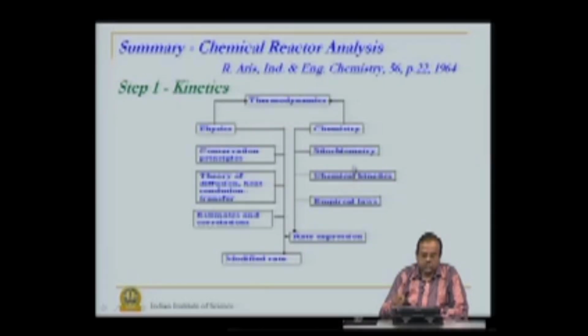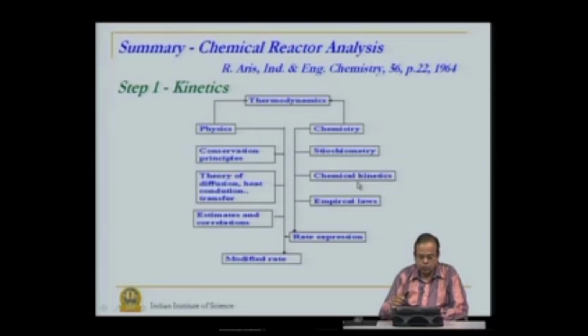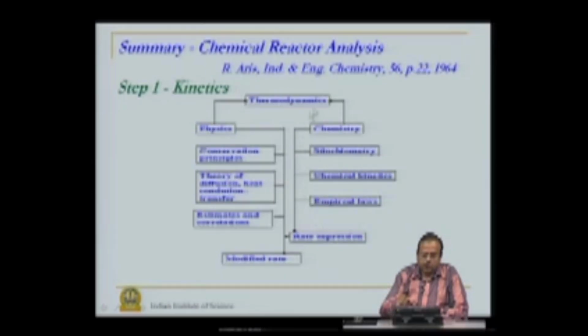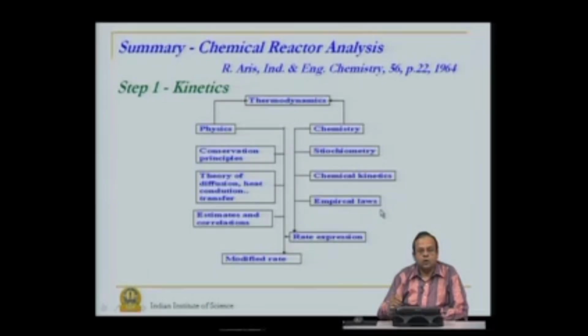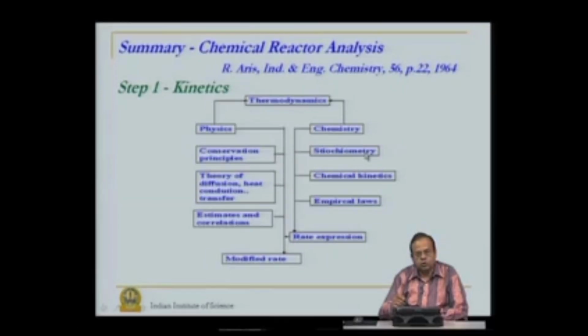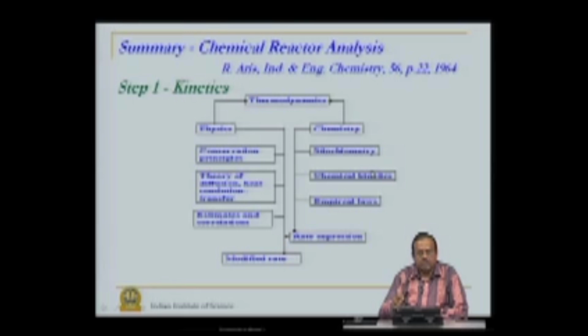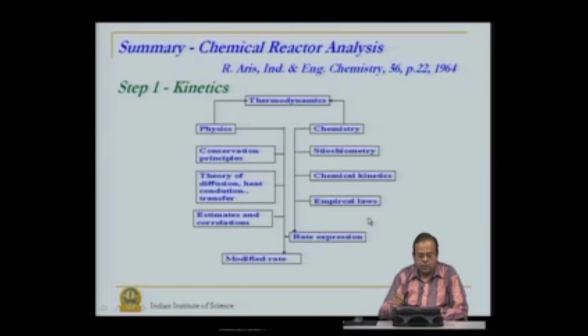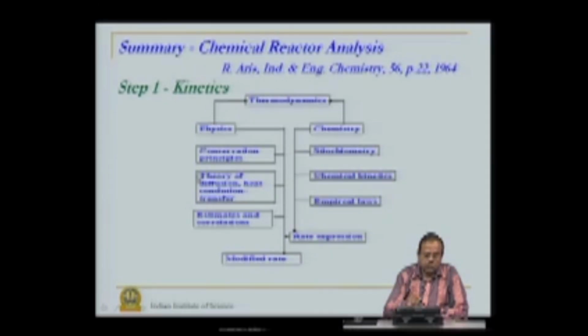Now, I want to emphasize one aspect which is crucial. This part of the reaction, namely the chemical part, the stoichiometry, is not dependent on scale. That is, the stoichiometry of the reaction does not change whether you do the reaction in a 10 ml flask, a 10 ml test tube or a 10 meter cube reactor. So is the case with the kinetics, and the rate of reaction in general. However, it is the transport processes which are scale dependent.